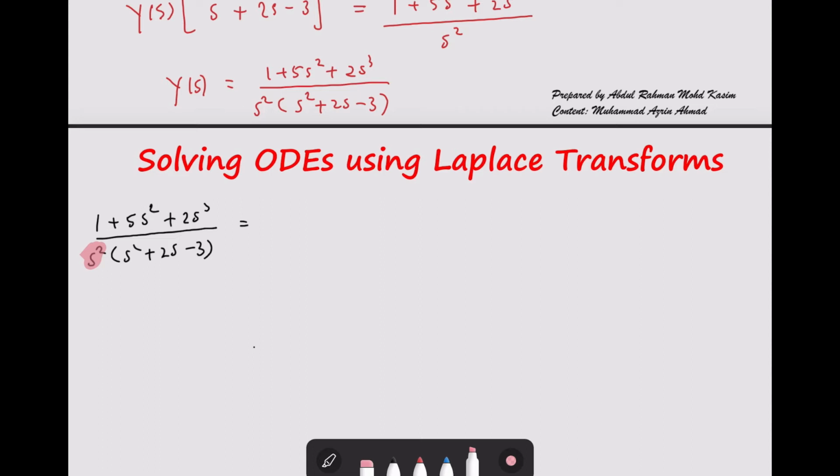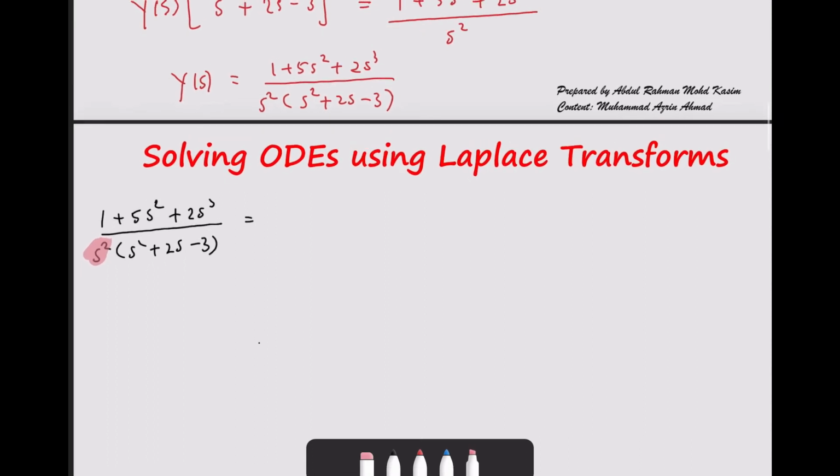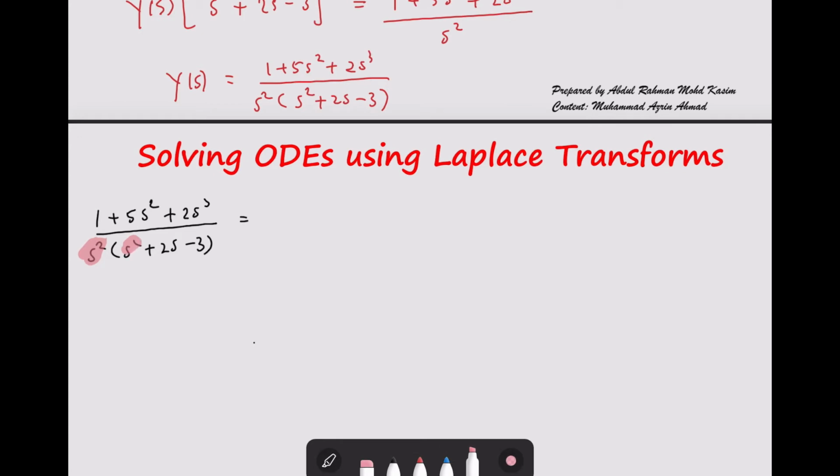And then what about this one? This one also you may factorize it. So basically it will be 1 plus 5s squared plus 2s cubed over s squared, and over here you will have s minus 1 and s plus 3.